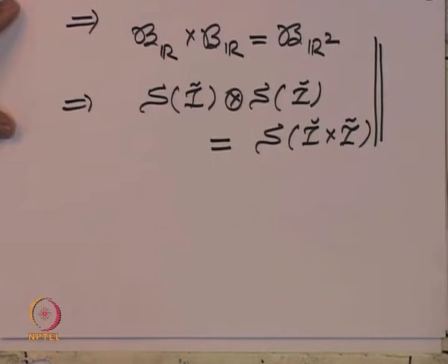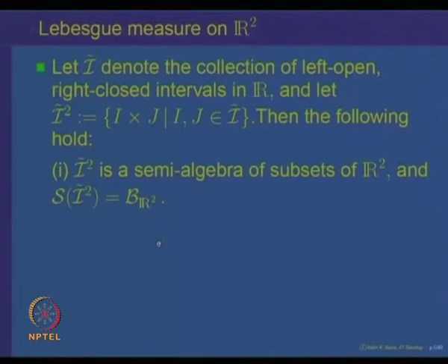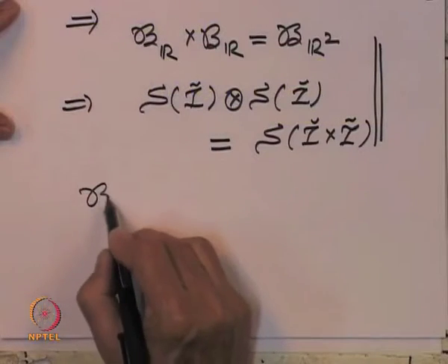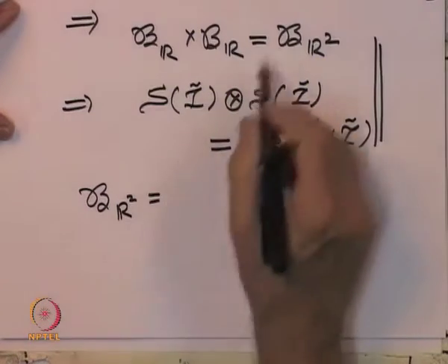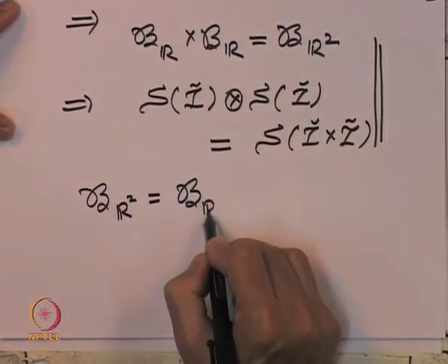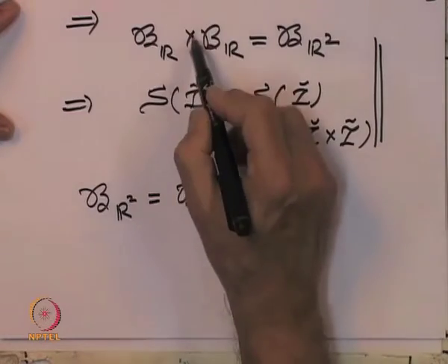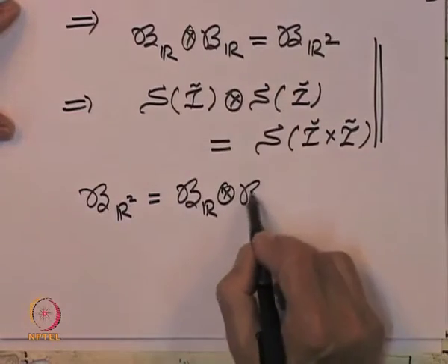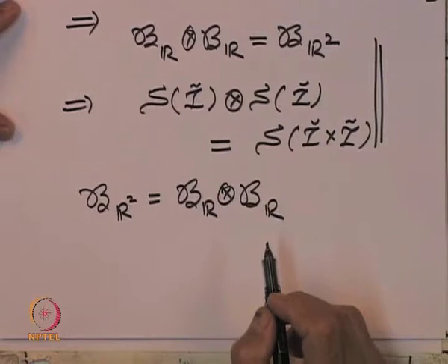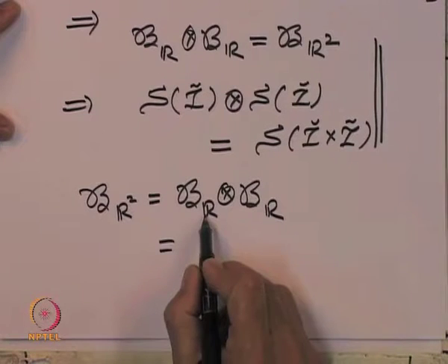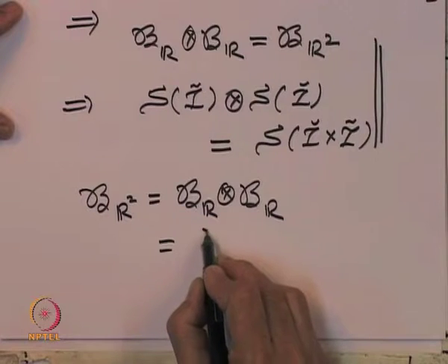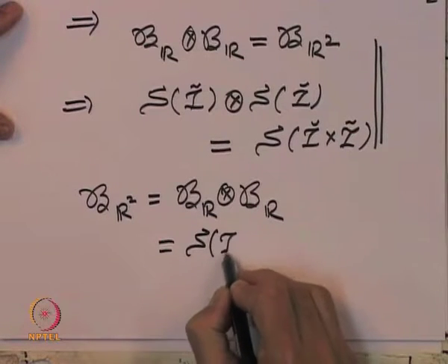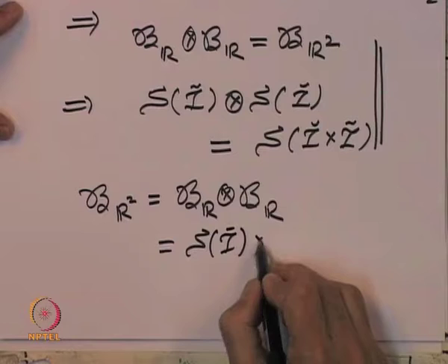So, we will keep that in mind. And now, what we want to show is the Borel sigma algebra of R 2. We know it is the product of the Borel sigma algebra of the real line with the Borel sigma algebra of the real line, and the Borel sigma algebra, from our construction of real numbers, is the same as the sigma algebra generated by left open right closed intervals.